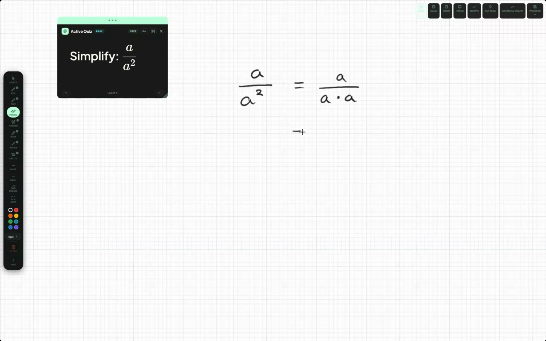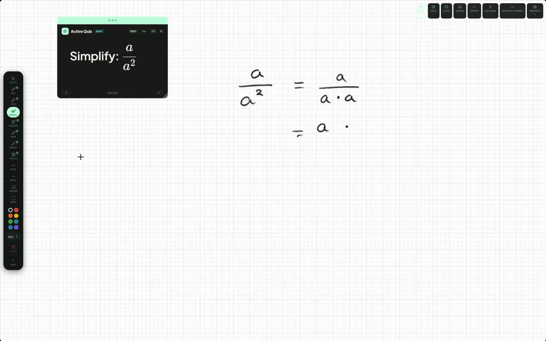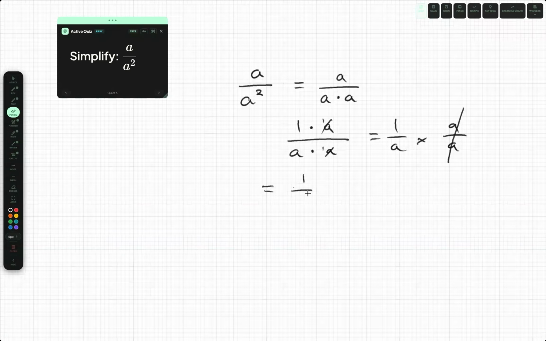So this is the same as 1 multiplied by a divided by a times a. And we can separate this out to be 1 over a multiplied by a over a. But the idea is that both of these cancel and make 1, right? We can cancel both of these factors here, go into it 1 time, and we're left with 1 over a.